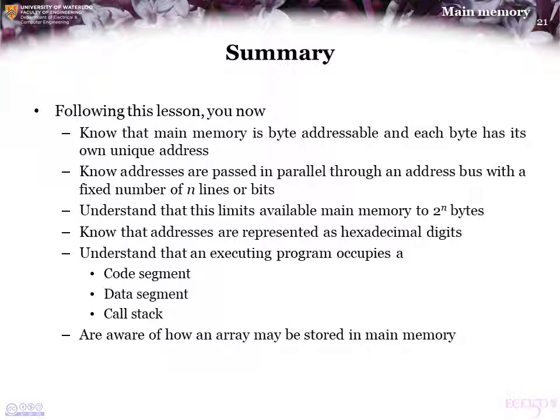You also know, therefore, that the maximum number of bytes that can be accessed is 2 to the n bytes, where n is the number of bits in any one address. Consequently, on a 32-bit address bus, the maximum amount of memory you can access is 4 gigabytes.